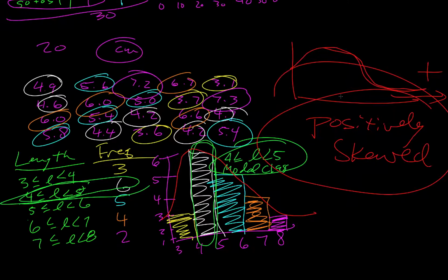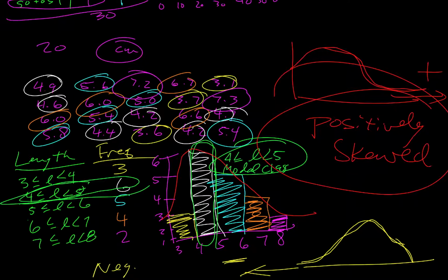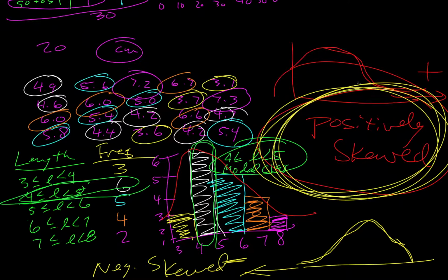And that's what the distribution is. Now just a quick reminder, if we had something where this little tail goes in the negative direction, that would be called negatively skewed. Once again, for the specific problem, it was positively skewed.